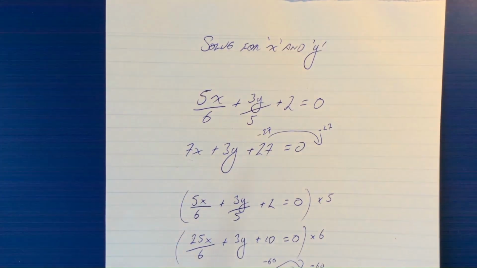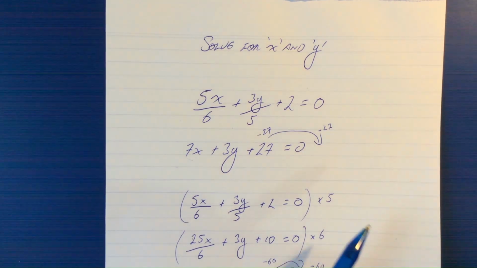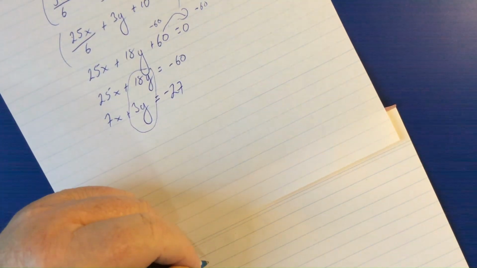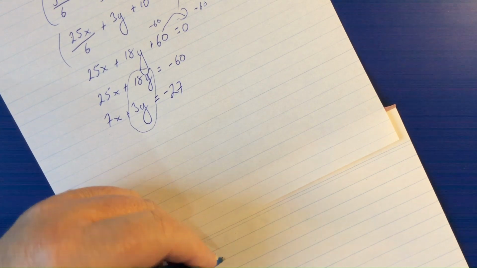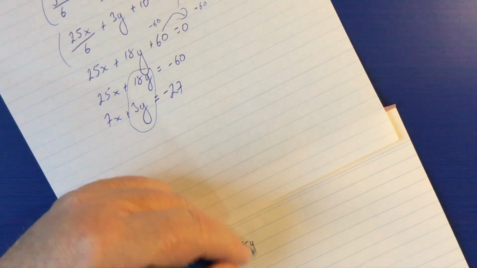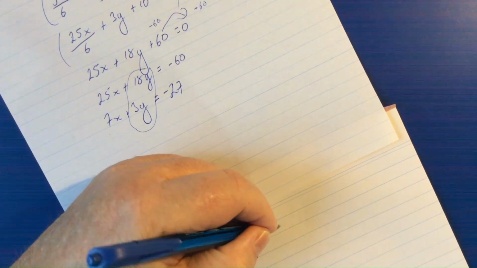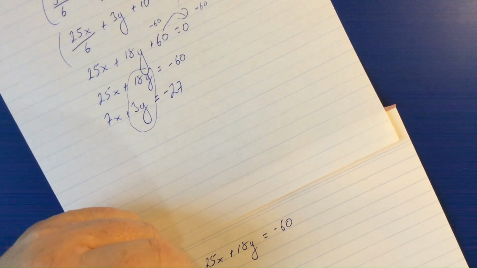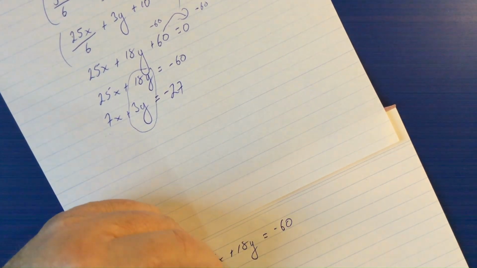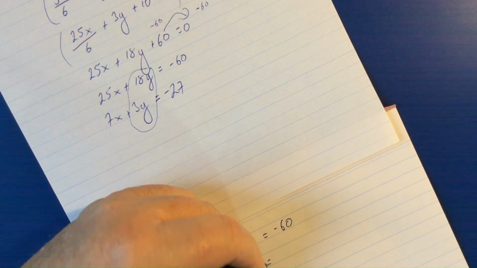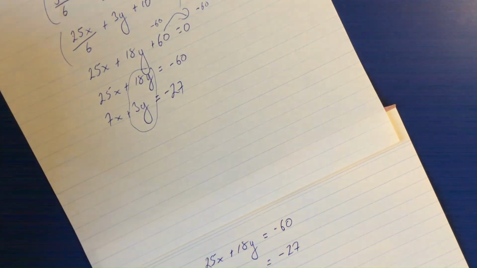So I'm just going to find a new page, which unsurprisingly, given that this is a pad, is just below the page I've been working on, and we'll just bring this into the frame so you can see what I'm doing. So 25x plus 18y equals negative 60, and 7x plus 3y equals negative 27.